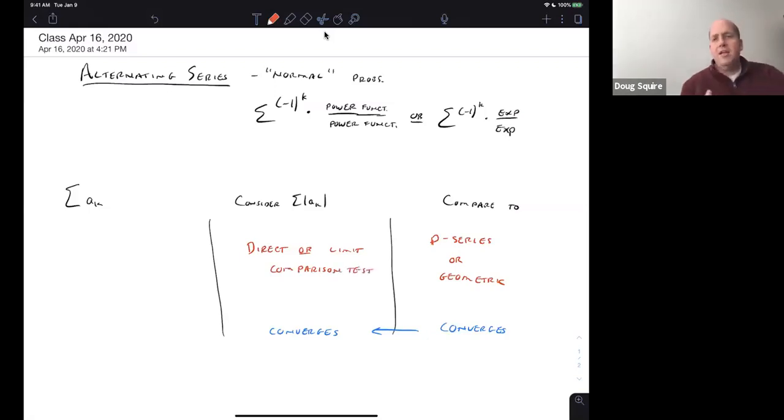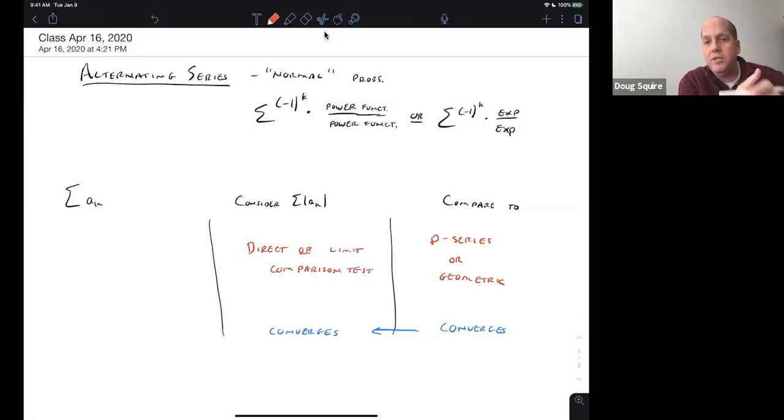A lot of times you can just use the limit comparison test if you want. There are some cases where you can use the direct comparison, but in these problems, power function over power function or exponential over exponential, you can always use the limit comparison if you want to.